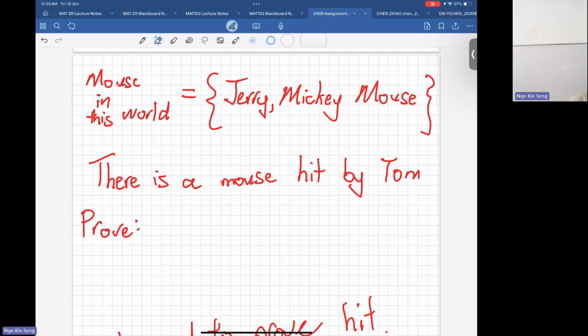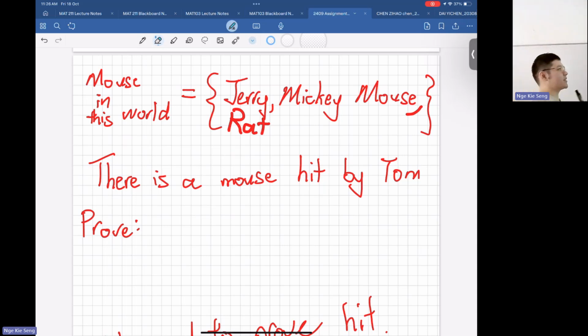Okay, let's edit it. How to spell Ratatouille? Okay, so Jerry, Mickey Mouse, and Remy.